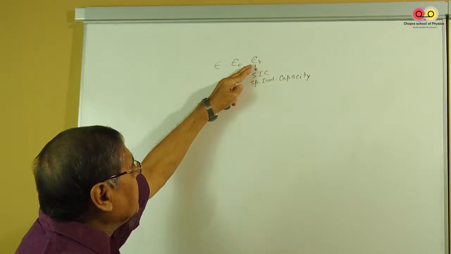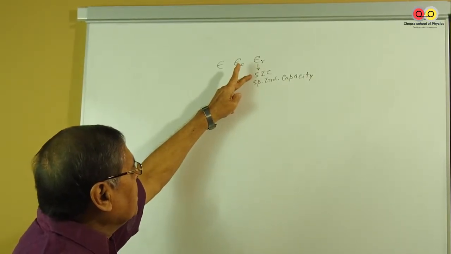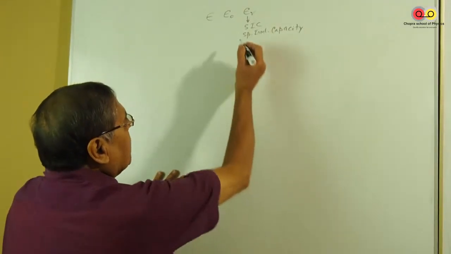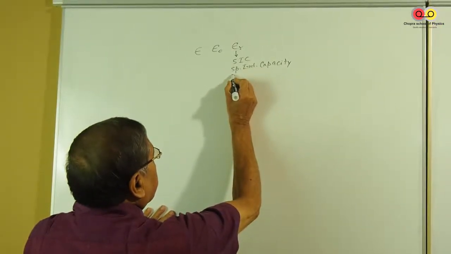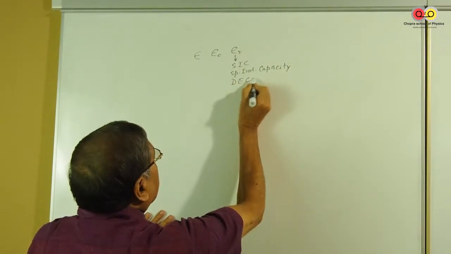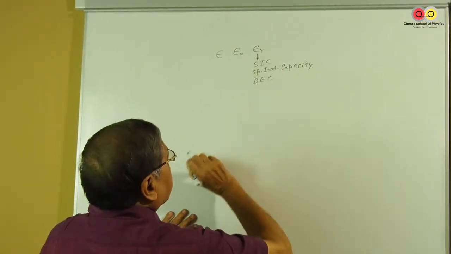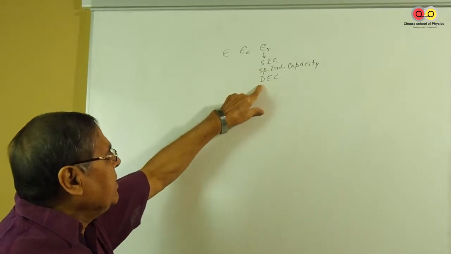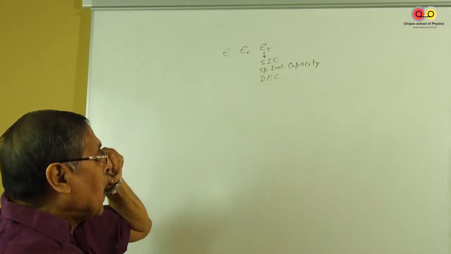This relative permittivity is also known as specific inductive capacitance, SIC, or it is DEC, dielectric constant. I have earlier explained, D stands for dielectric, dielectric constant.